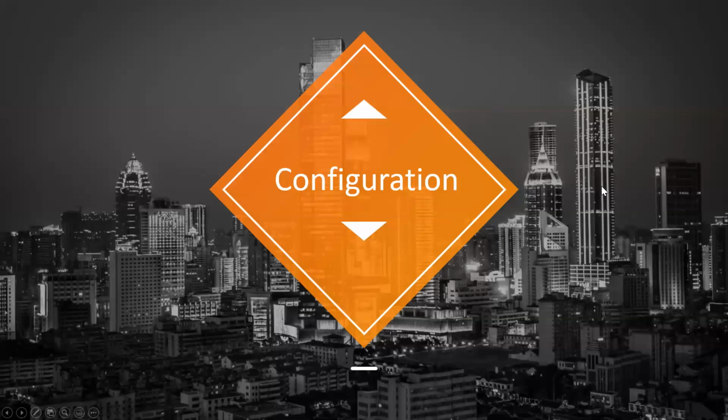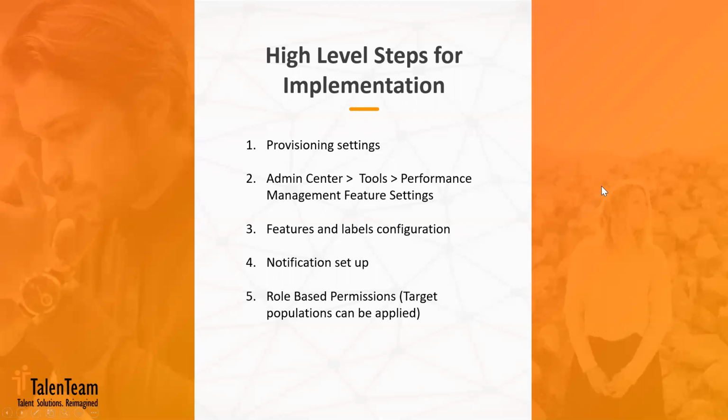So in terms of configuration, there's a few settings that if you've currently got SuccessFactors performance and goals already in place, or you're interested in adding SuccessFactors performance and goals, in terms of these implementation steps, these are very high level and basically just focusing on continuous performance management.